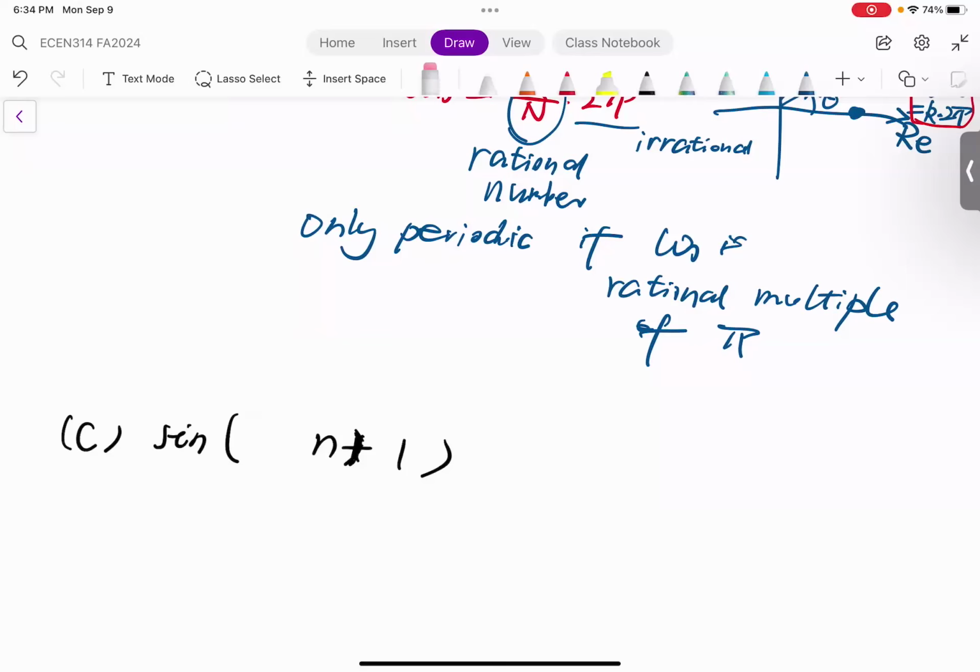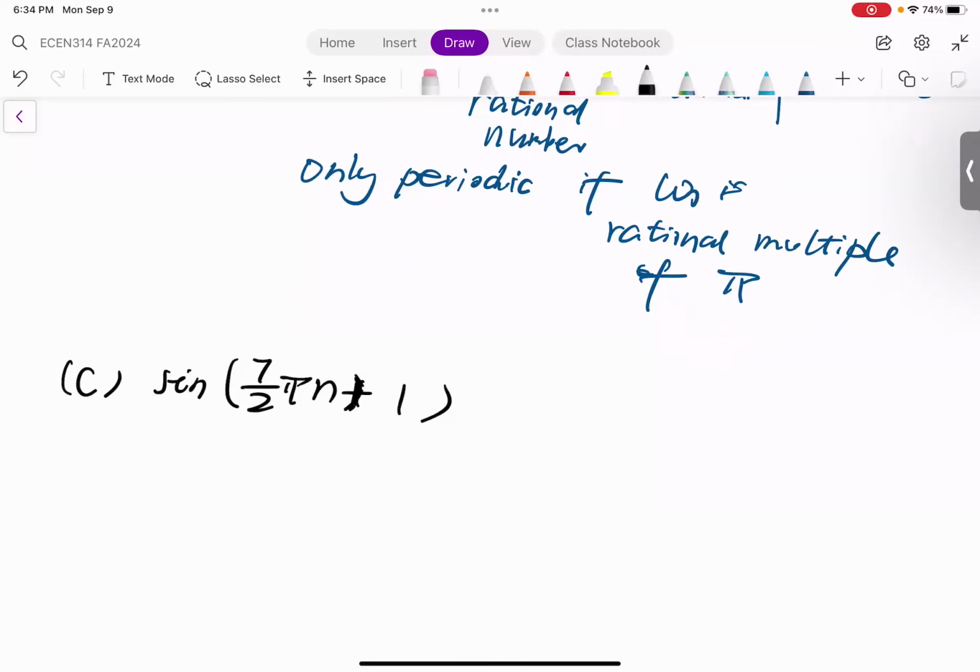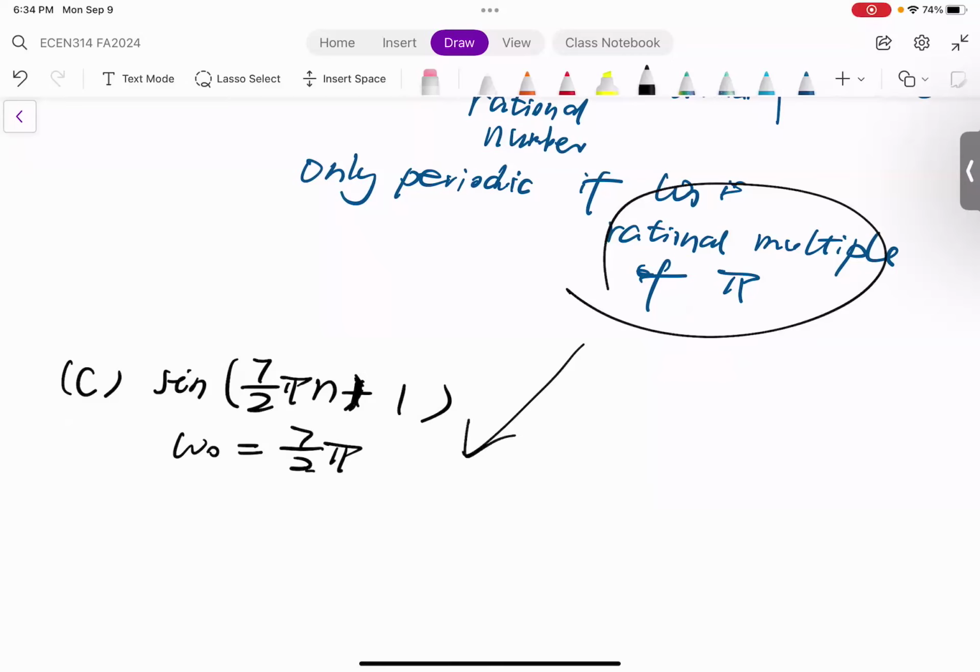Let's say it's 7 pi divided by 2 pi, okay? So in our case, omega naught is equal to 7 divided by 2 pi, right? So this is a rational multiple of pi. So it's periodic.